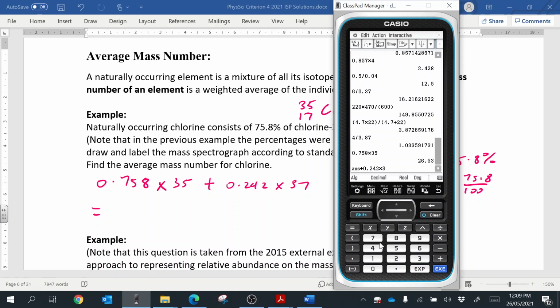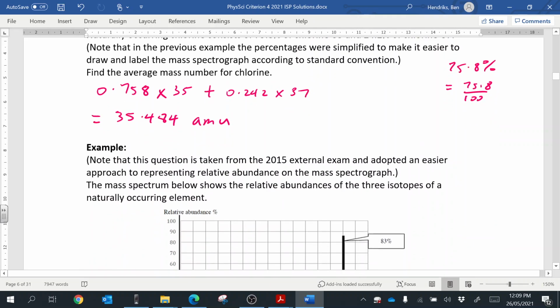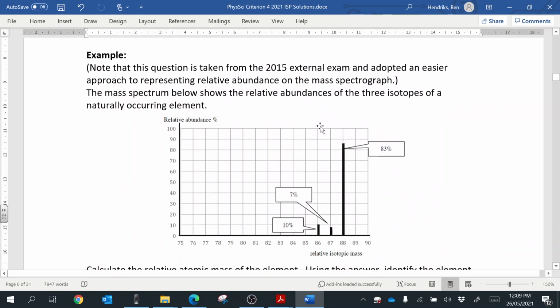Okay, so its average is 35.484, and that is in atomic mass units.